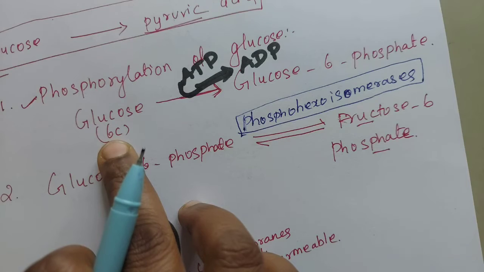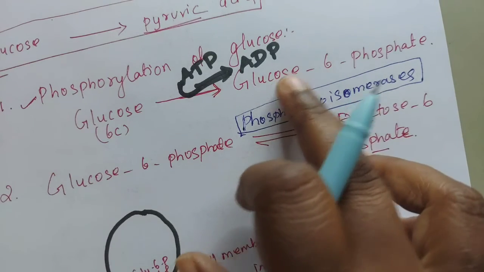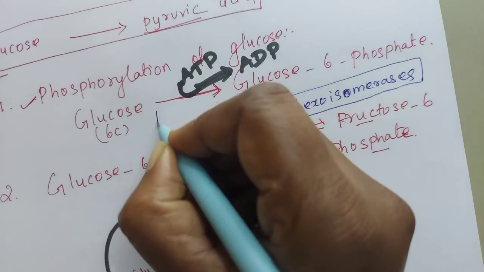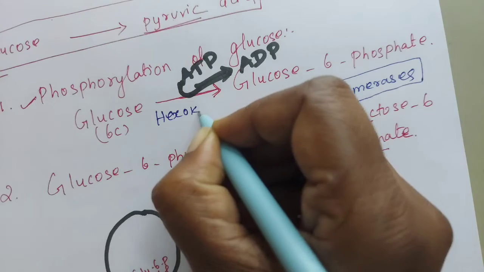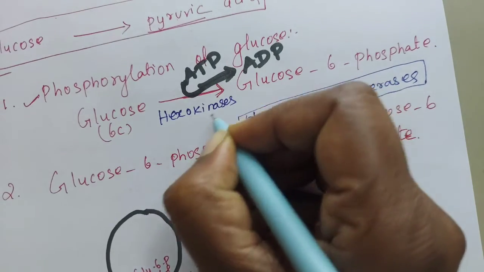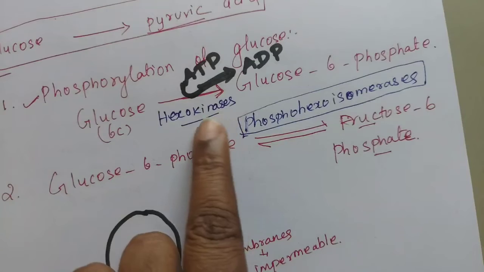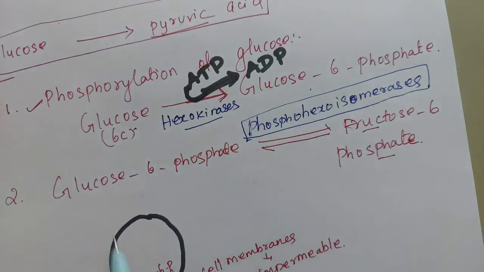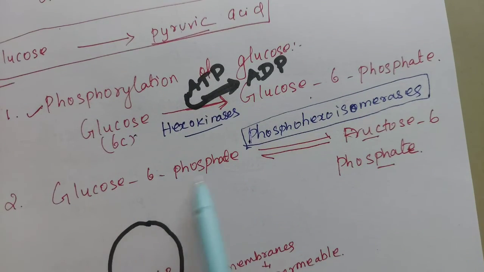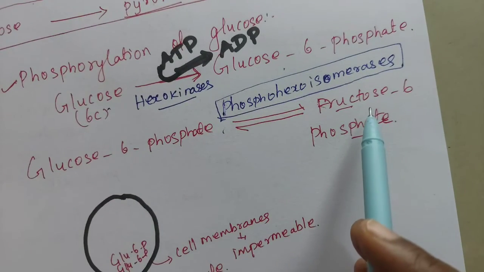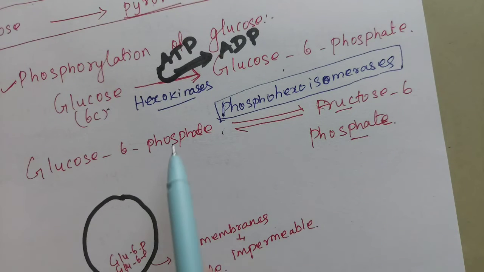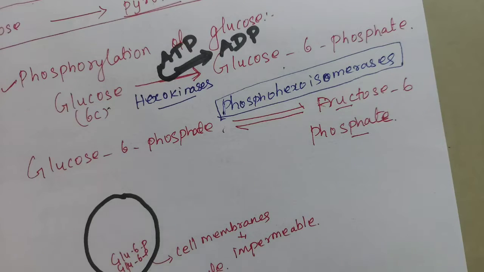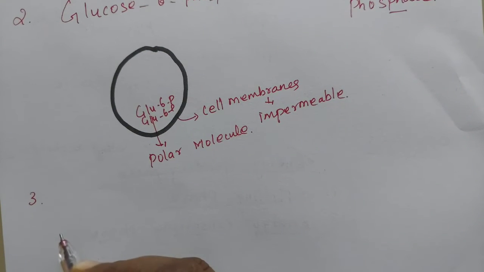Glucose, which is a 6-carbon compound, produces glucose 6-phosphate by the addition of one phosphate group, and this reaction is catalyzed by the enzyme hexokinase. So hexokinase is involved in the conversion of glucose into glucose 6-phosphate. In the second step, glucose 6-phosphate is again converted into its isomerized form, fructose 6-phosphate, with the help of the enzyme phosphohexoisomerase.